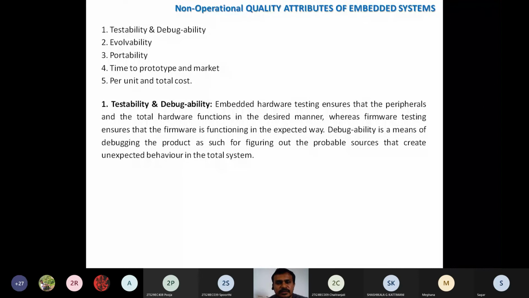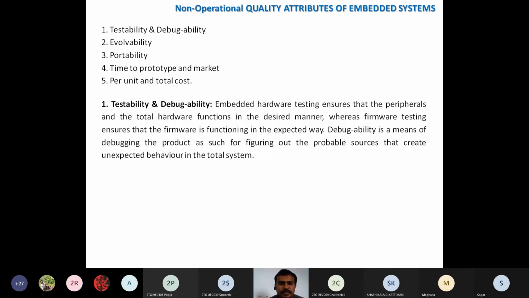Debugging ability is a means of debugging the product as such for figuring out the probable sources that create unexpected behavior in the total system. So while debugging, all the components should show the behavior.